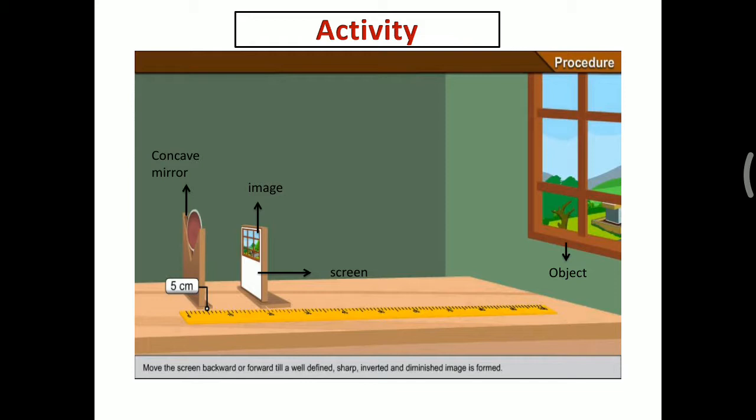You have to move the screen between that object and the mirror. At a certain point, the image is formed on the screen. Once the image is formed on the screen, you should not move the screen. So the distance between that image and the mirror is called the focal length. So from the scale we can determine the focal length.